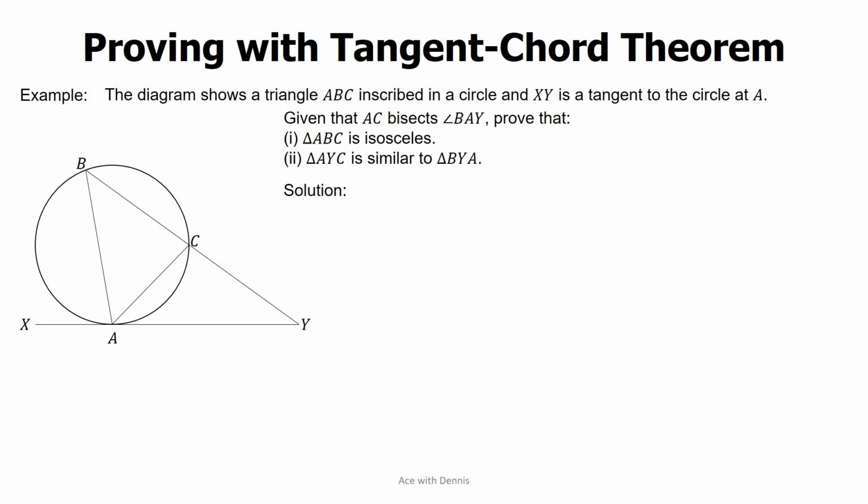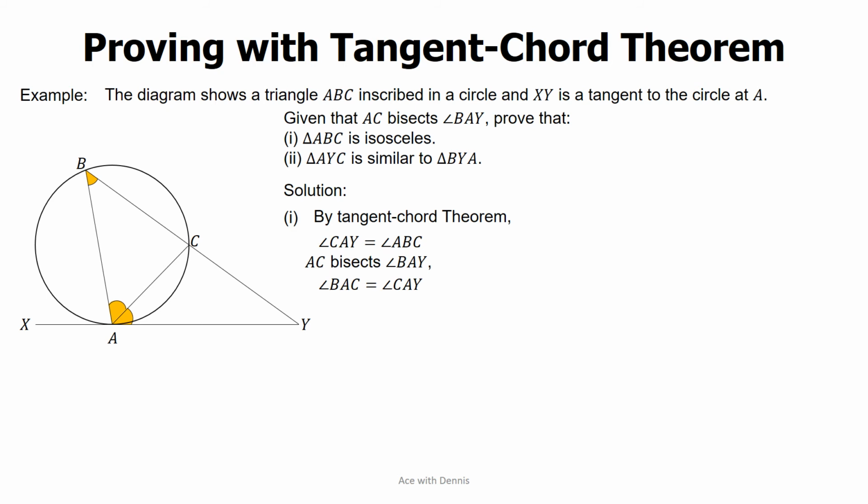Here is the solution. 1. By Tangent-Chord theorem, angle CAY equals angle ABC, which means this angle equals to this angle. And AC bisects angle BAY, therefore angle BAC equals angle CAY, which means this angle equals to angle CAY.